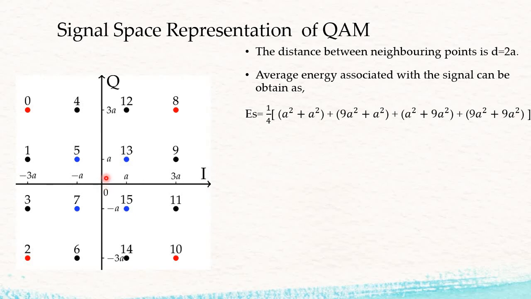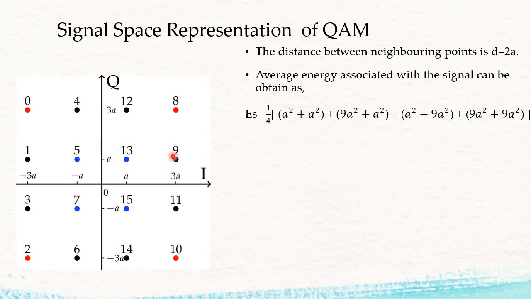For point 9, this value is 3a, which squared is 9a square, and this particular distance is a only.